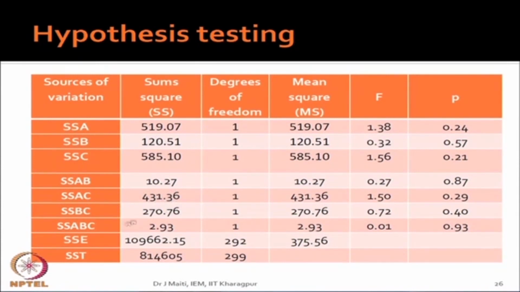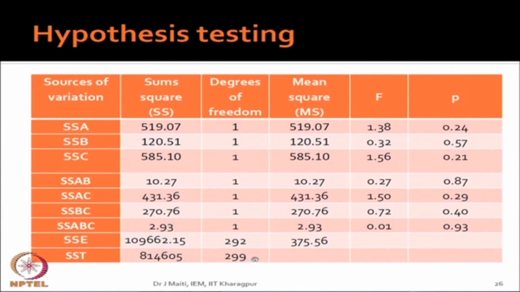Then for the age versus experience interaction, the value is 274.76, but for the 3-factor interaction the sum of squares is very small, 2.93, and the error is very large. SST will ultimately be the sum total of all of those.